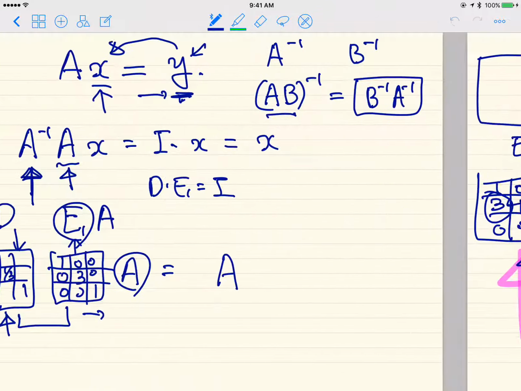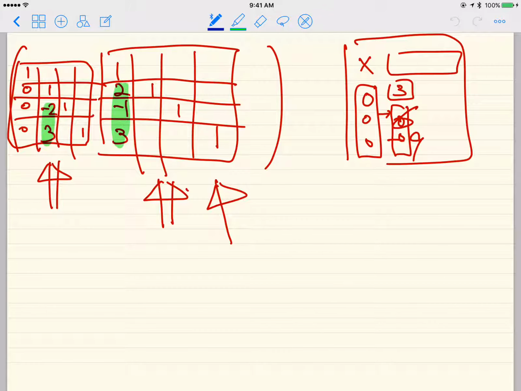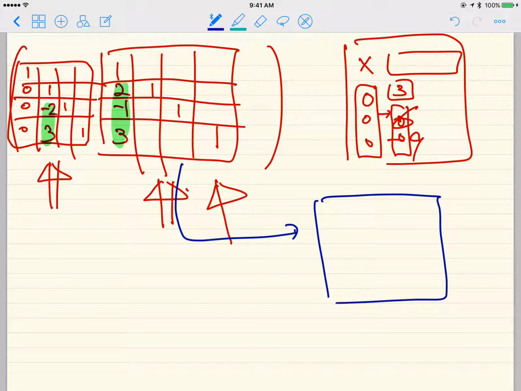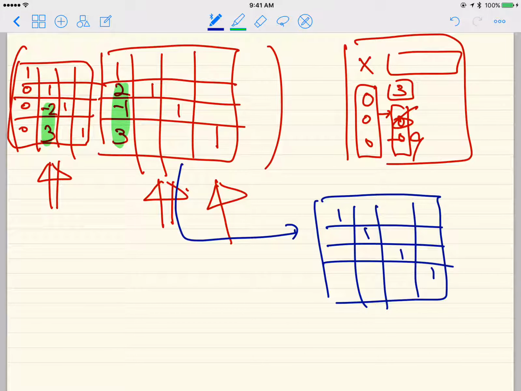Okay, so if we extend this idea, we can easily obtain its inverse matrix. It's nothing but three sequential operations, and then their inverses, and then merging them together. The inverse matrix of it will be 1, 1, 1, 1, then minus 2.